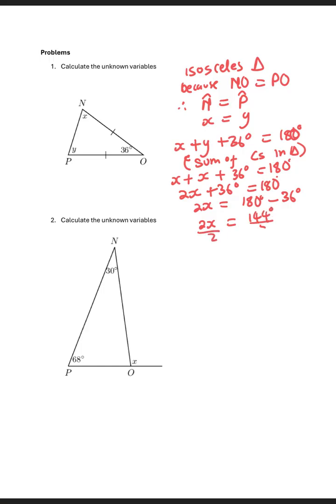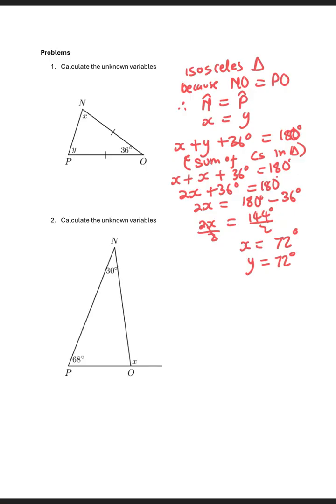Divide both sides by 2, get X is equal to 72. And because X and Y are the same, that means Y is equal to 72 also. So that's how we find X and Y.